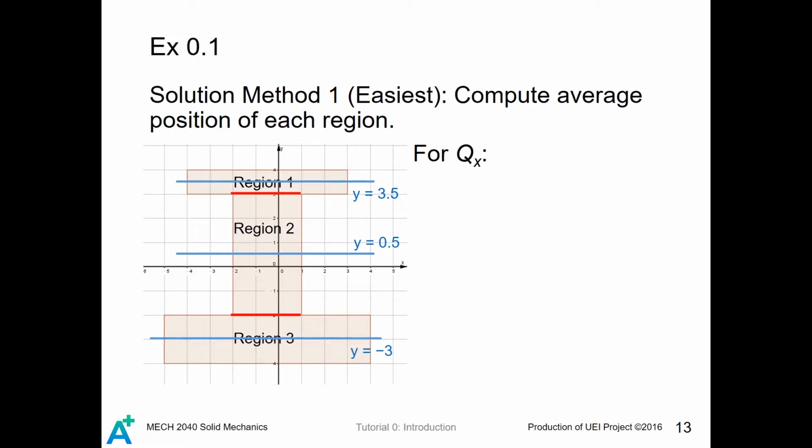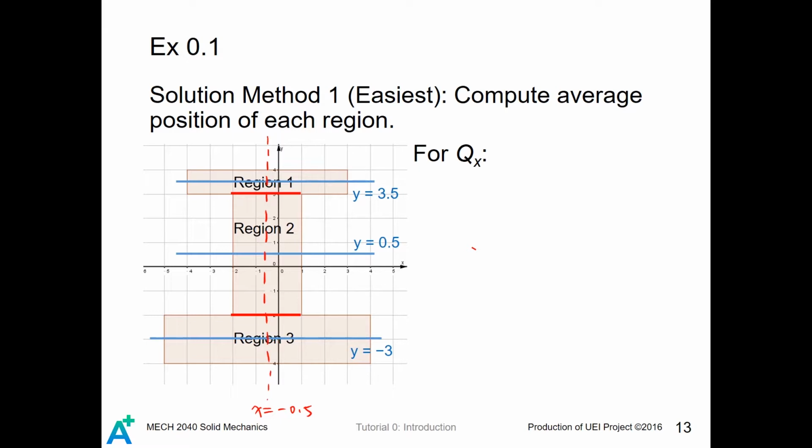So we know that the entire I-shaped area has an axis of symmetry, which is located at x equals minus 0.5.